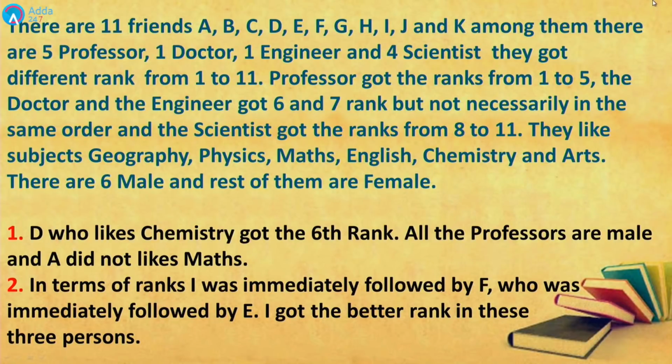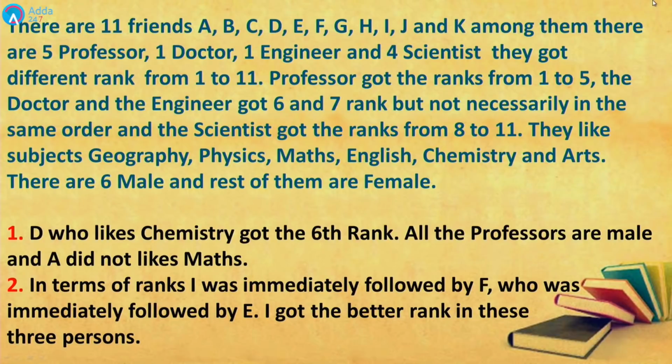I hope that this language is clear to each and every one. Not necessarily in the same order, which means it is not respectively. Okay, means you are not going to say that doctor is given first and the 6 is given first, so doctor and 6 are interrelated. No, it's not working on that note. We are not clear about the rank of doctor and engineer. Any of them can be 6 or 7.